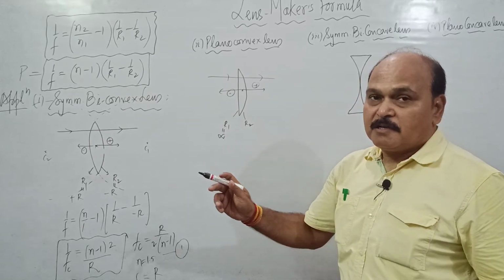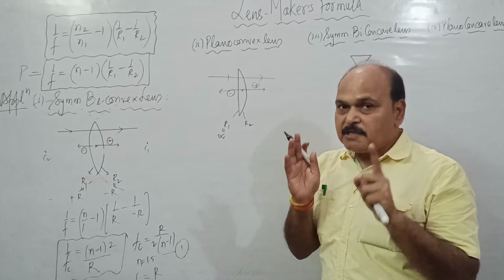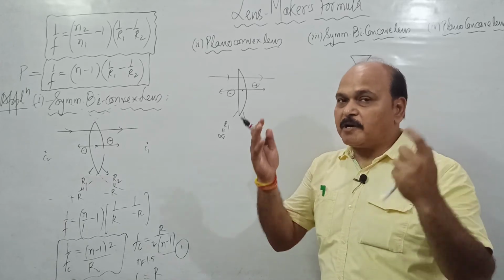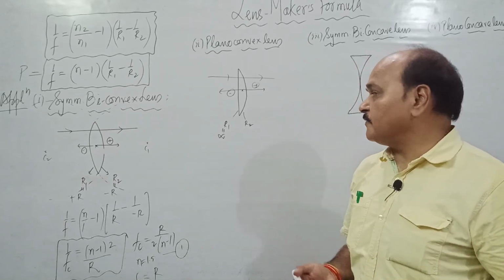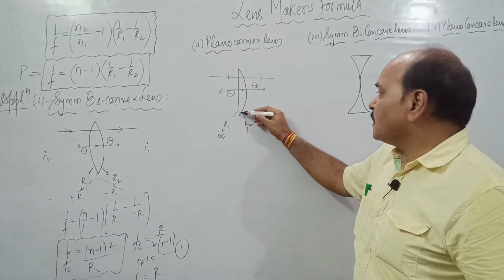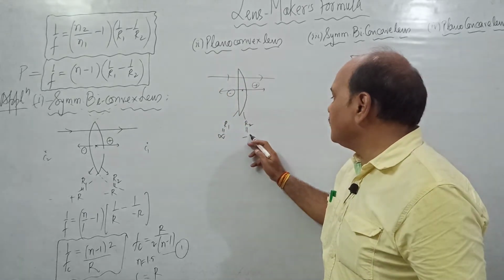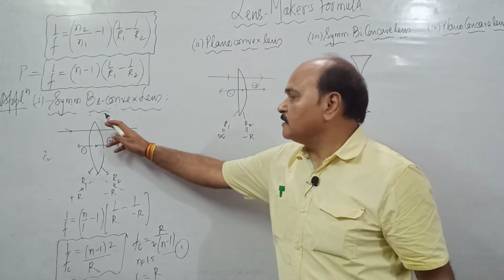Infinite. Radius of curvature of plane surface, you all know, is infinite. Every plane surface is part of a sphere whose radius is infinite. And this R2 will have what sign? This R2 will have sign what? Minus R, as here, minus R.